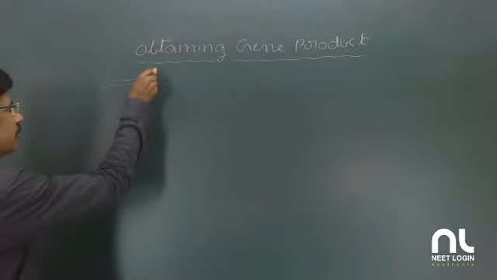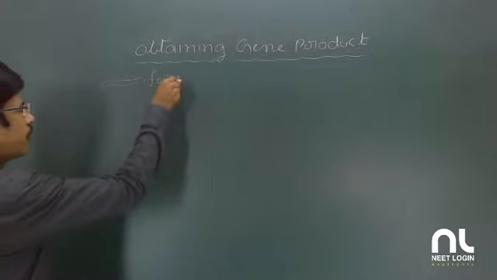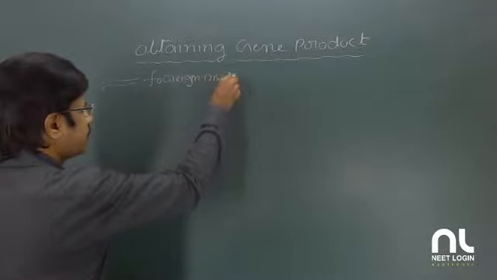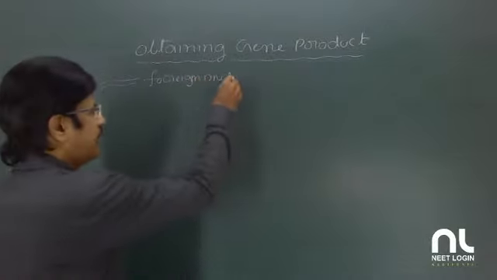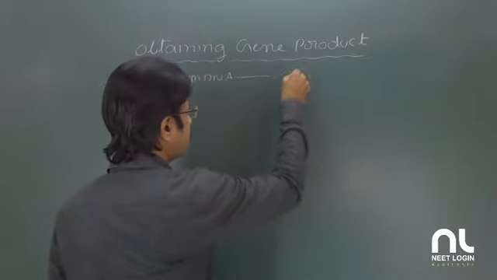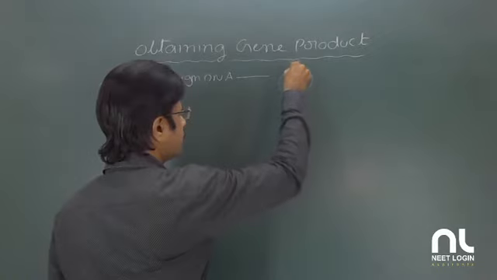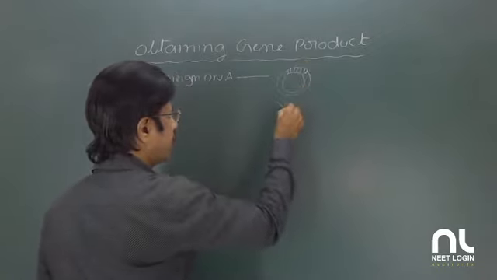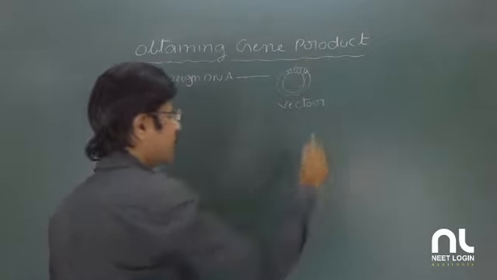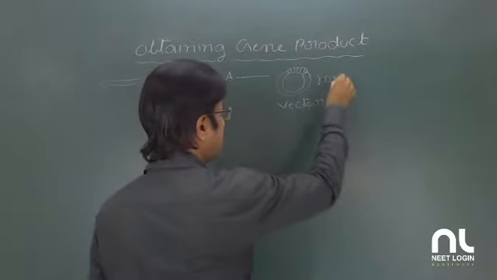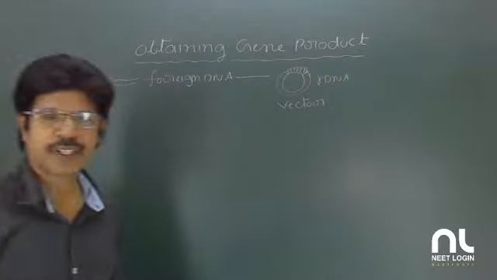This is foreign DNA. This foreign DNA is introduced into the vector, and it became rDNA, recombinant DNA.